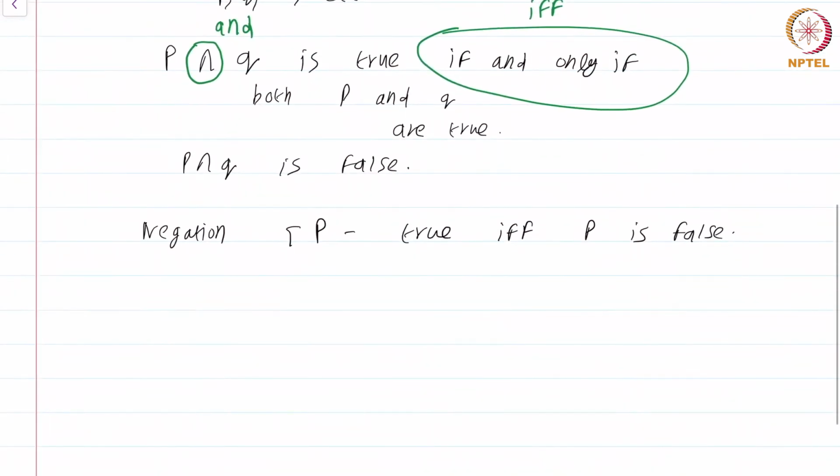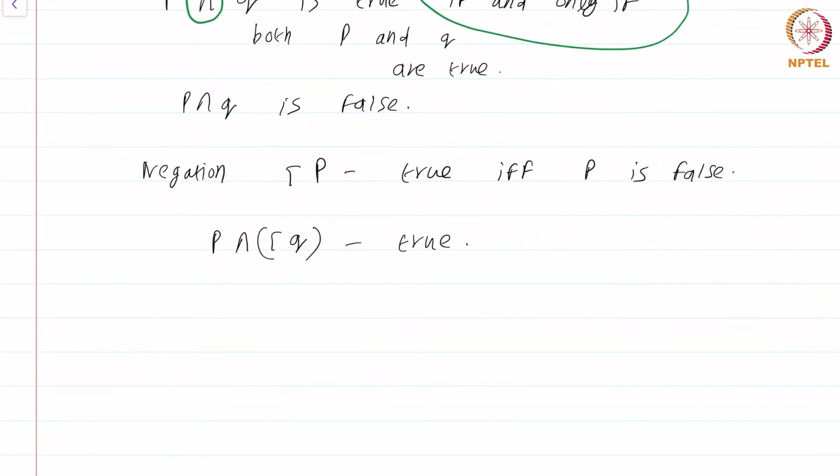So, the statement P and negation Q is a true statement. Because the statement P asserts that 6 is even, and the statement Q asserts that 3 is the first prime, 3 is not the first prime, so negation Q is true. So, P and negation Q is true. The negation is also called not P. This is read not P.